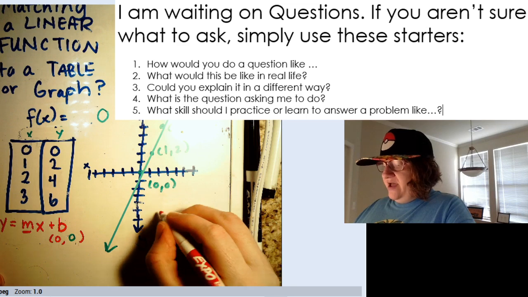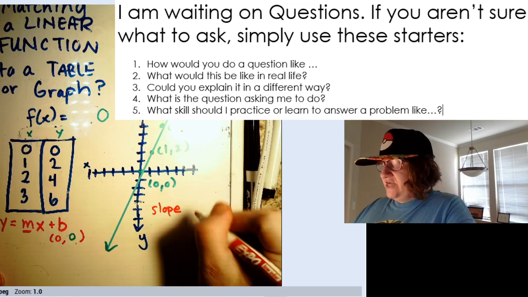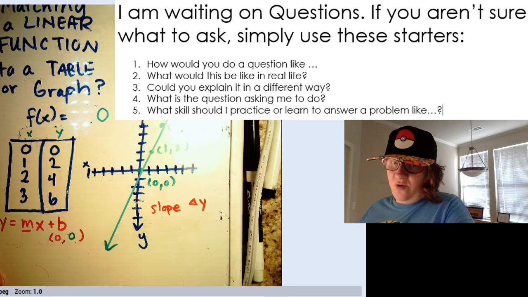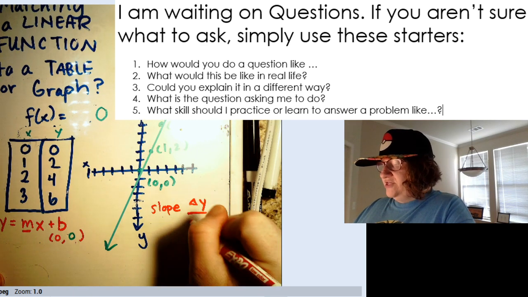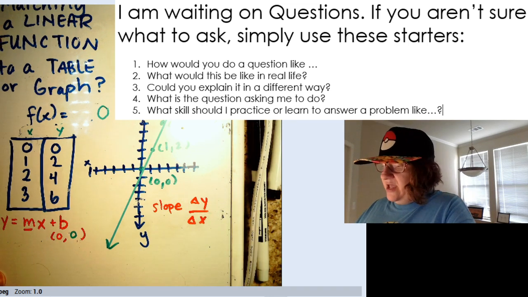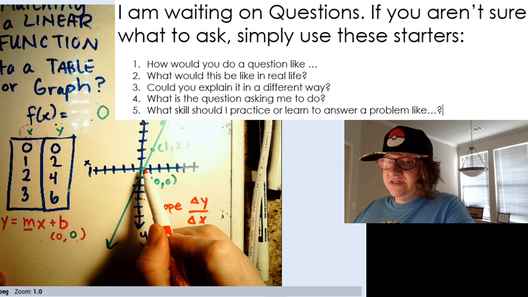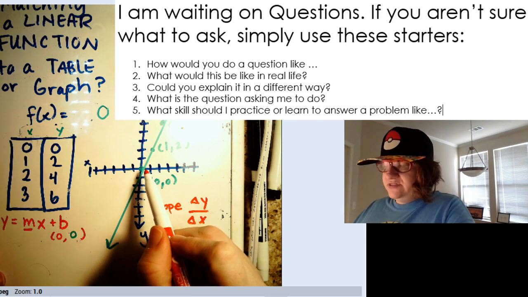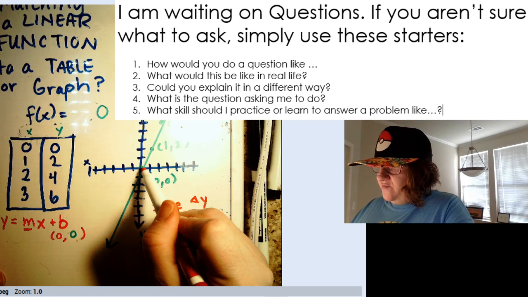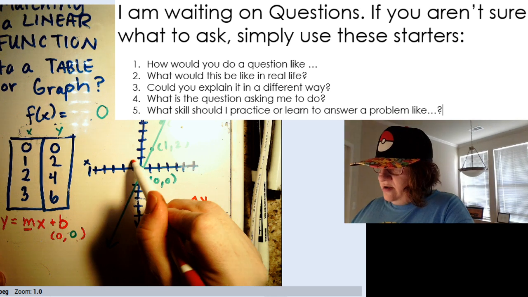Remember, we're trying to find slope, which is the change in y, the rise, over the change in x, the run. So we're always going to read a graph from left to right, but we're going to start by going up or down first. So here, to go from this point to this point, we're going to go up 1, 2.